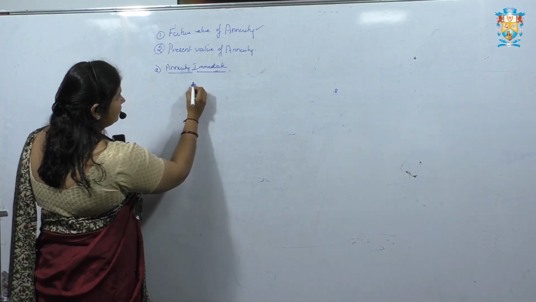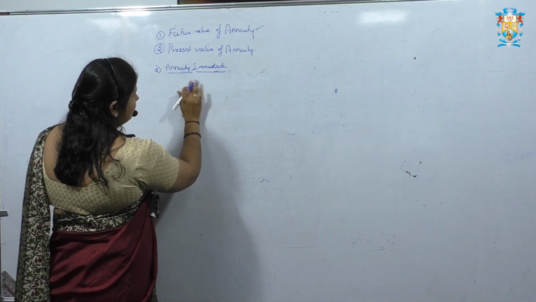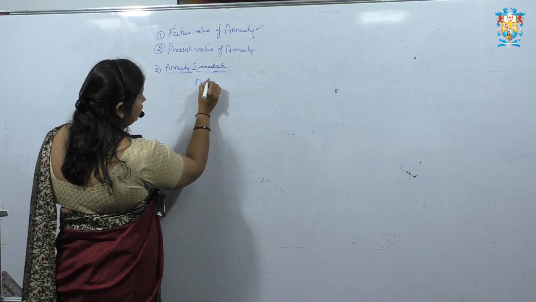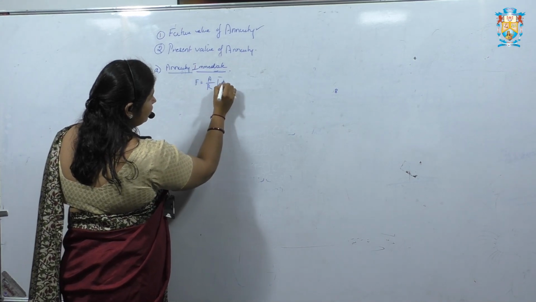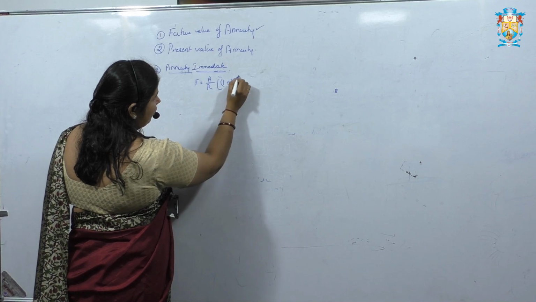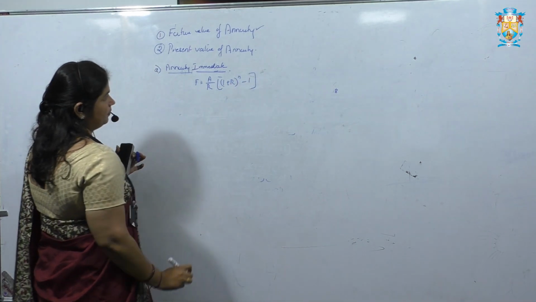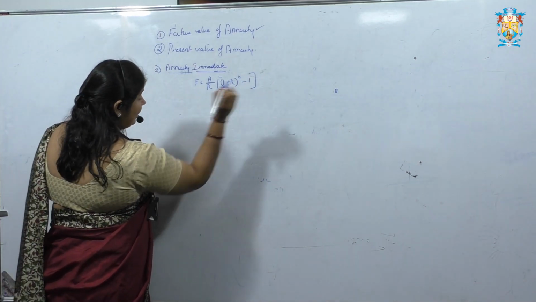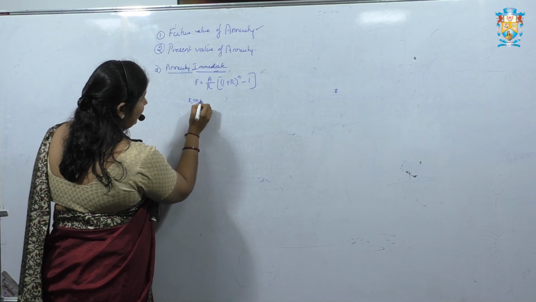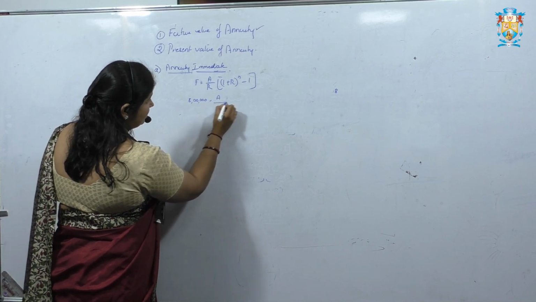Annuity immediate. F is equal to A divided by R, into 1 plus R whole to the power of N minus 1. Now, already I said F is equal to 8 lakh. A is not given.